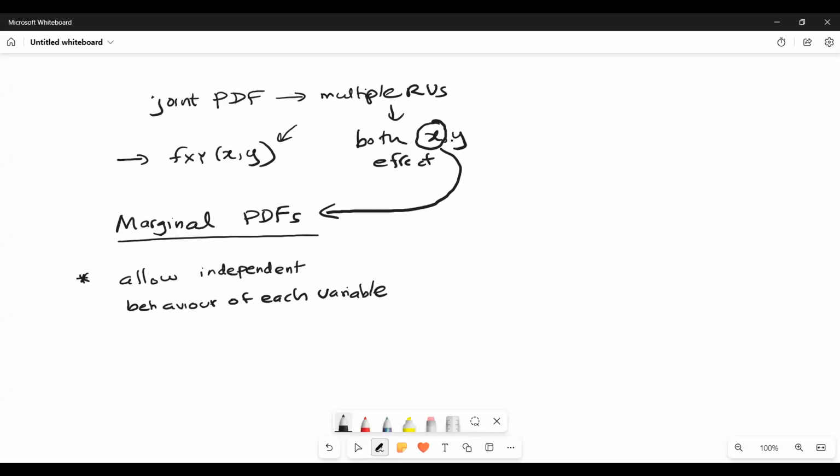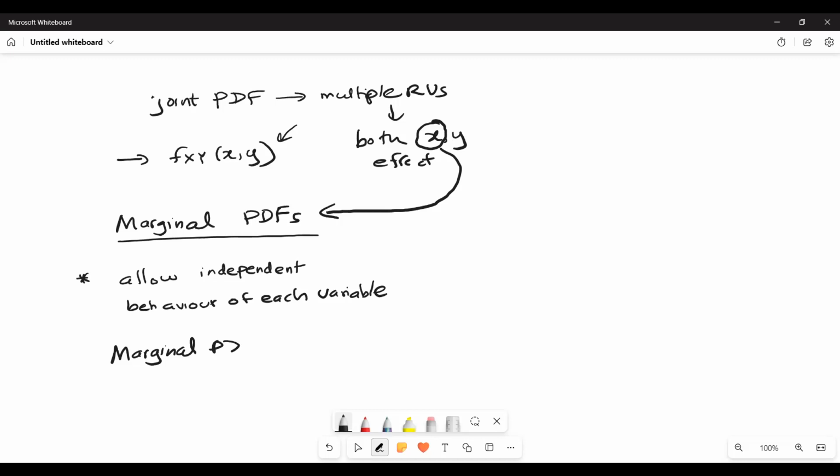right? So in order for me to find the marginal PDF, I need to keep one random variable fixed, and then I need to vary the other random variable. So I will explain about that. So marginal PDFs I can take in two different manners if there are two random variables.